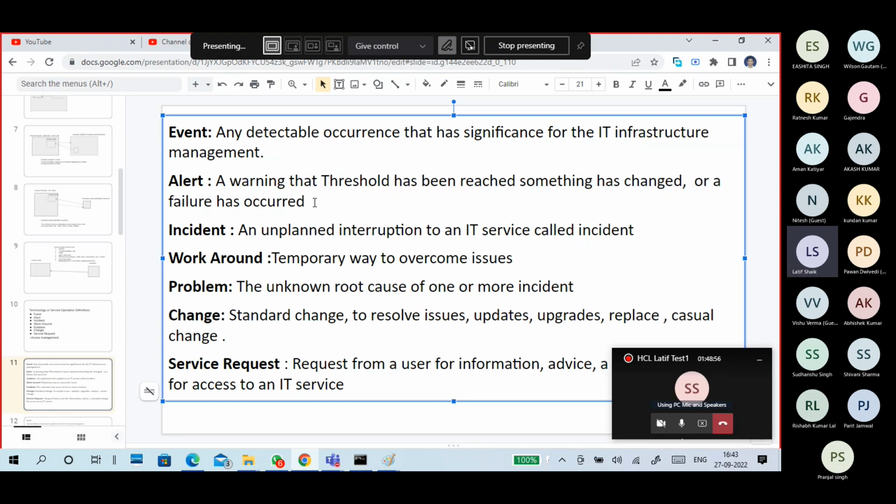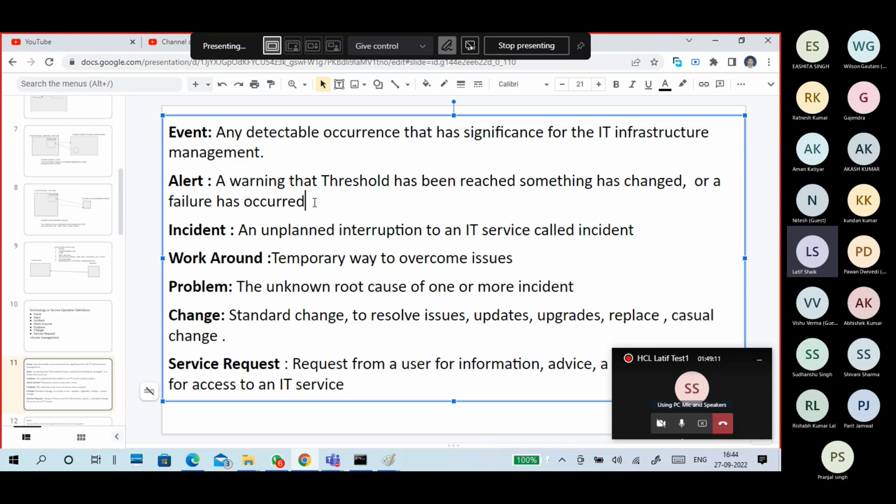Your disk is full: notification. The service is unavailable: notification. Internet is gone: notification. Internet is back: notification.